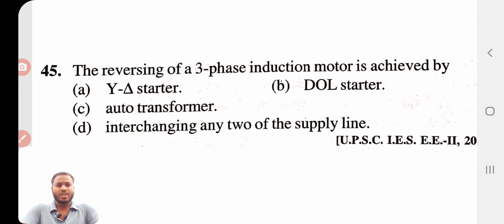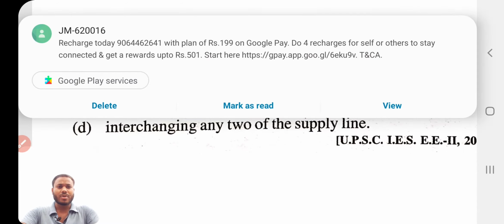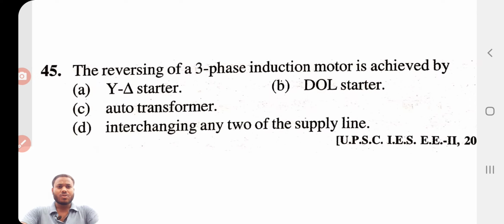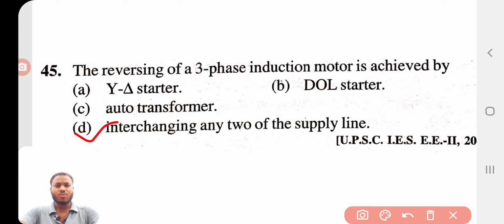Option A, star delta stator; B, DOL stator, auto transformer; and last option, interchanging any two of the supply lines. So the right answer will be number D. If you interchange any two supply lines, then the rotor rotates in the reverse direction. So this is the right answer, number D.